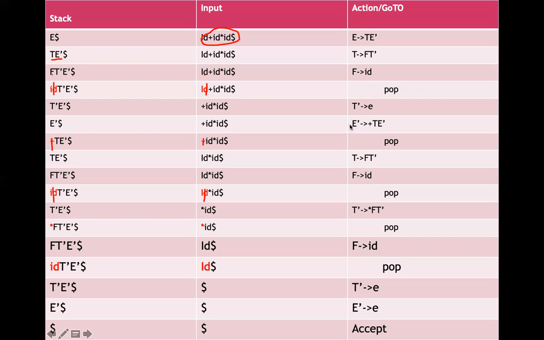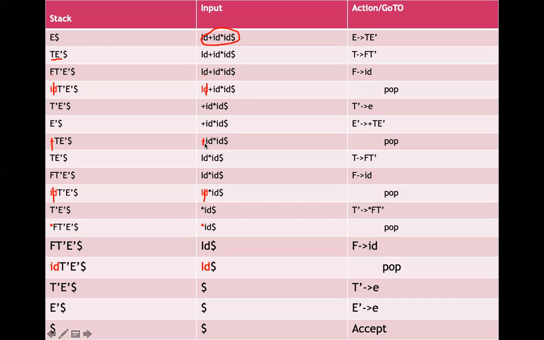So go to the table. This is the production rule we need to take: E dash tends to plus TE dash. Just replace this. In place of E dash, I have replaced plus TE dash and dollar. Here also plus, and here also plus.